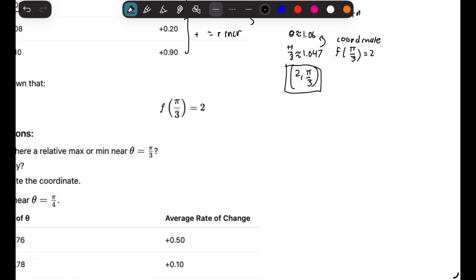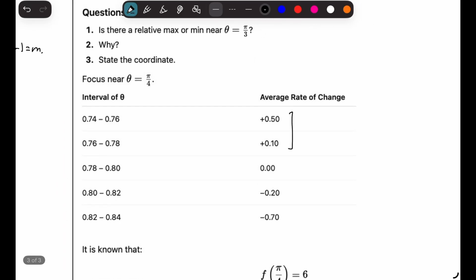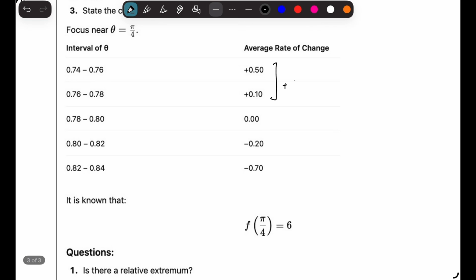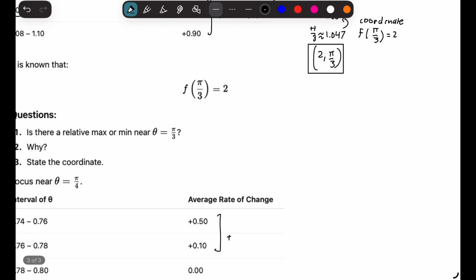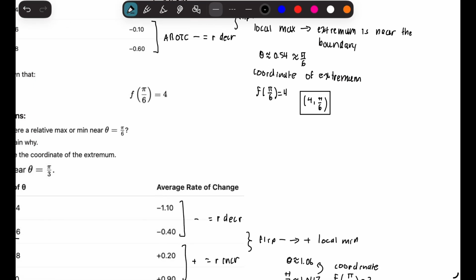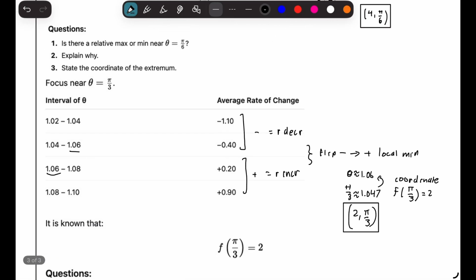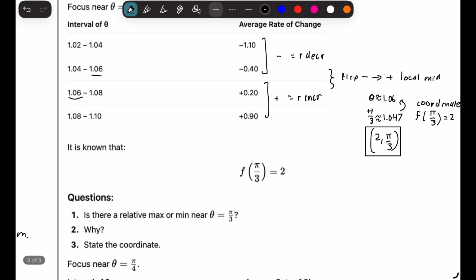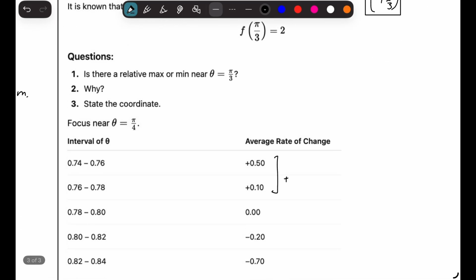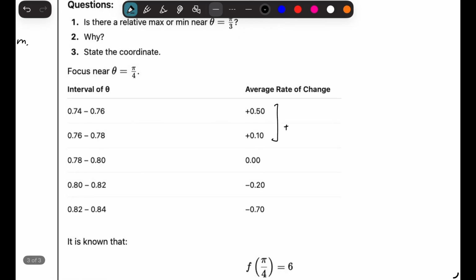Oh, 2 pi over 3. Yes. Okay, here we have positive, and here we have 0, and then negative.